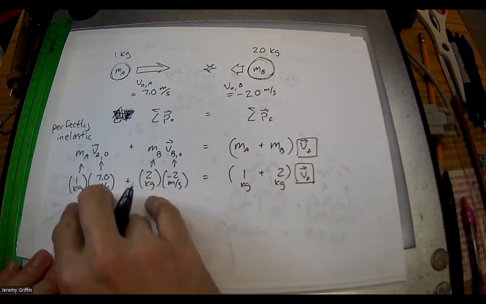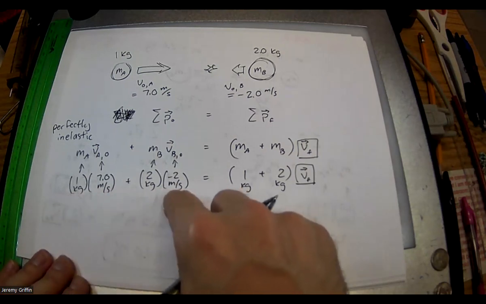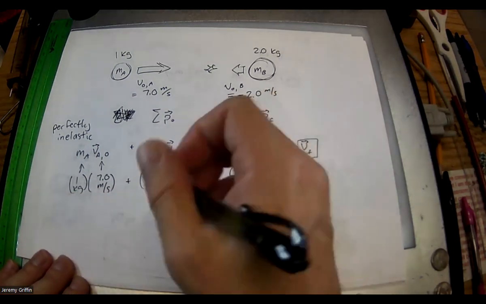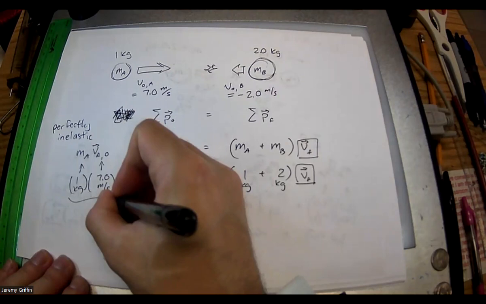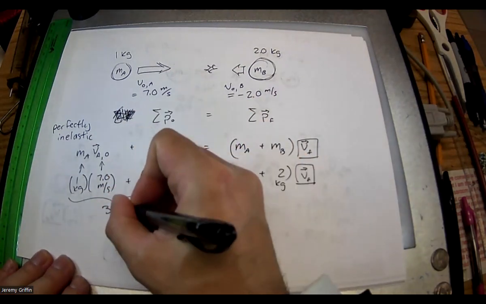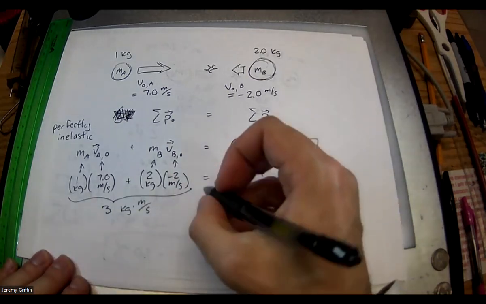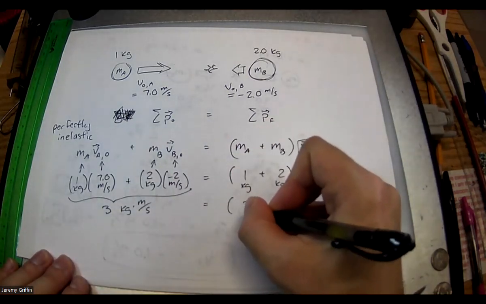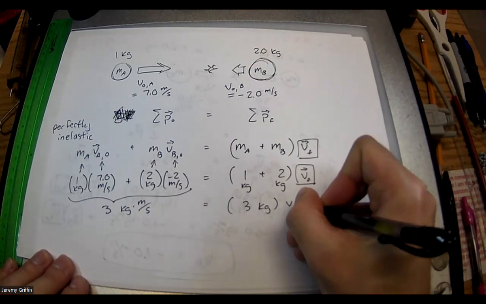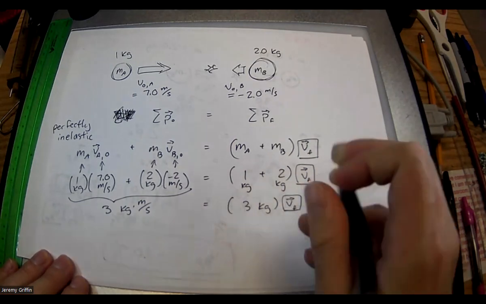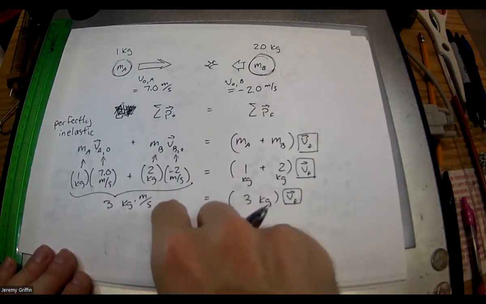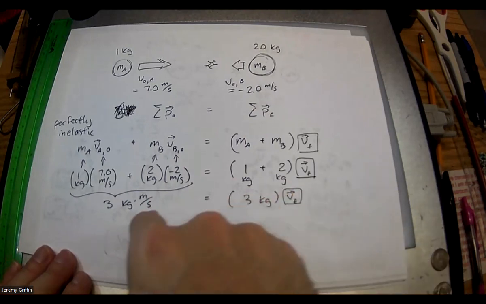So we got 7 minus 4. Does that look like 3 units of momentum in the system? Okay. So this is 3 kilogram meter per second of momentum in the system. That's going to make a giant 3 kilogram mass moving at some final velocity. And my numbers just happen to work out really nice because it's just 3 divided by 3.